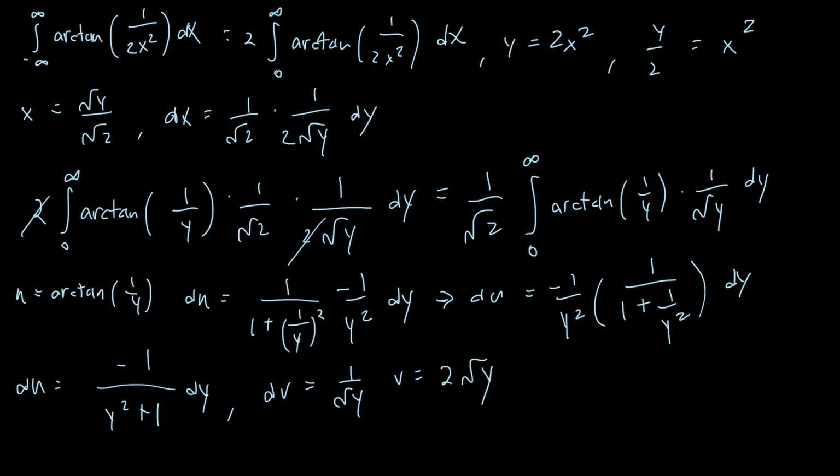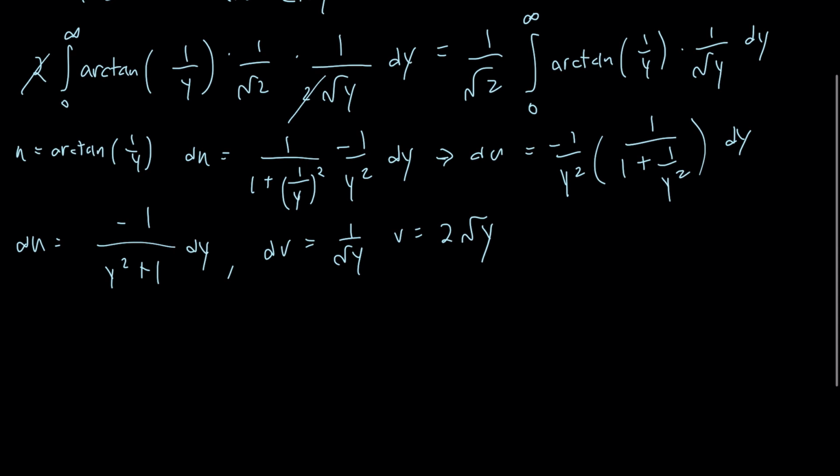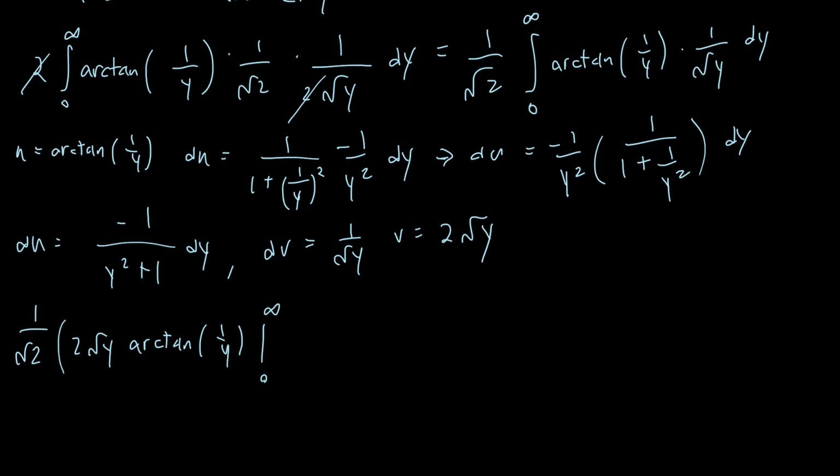So using this, we have 1 over the square root of 2 times 2 times the square root of y times the arctangent of 1 over y from 0 to infinity minus the integral from 0 to infinity of v du, negative 1 over y squared plus 1 dy.